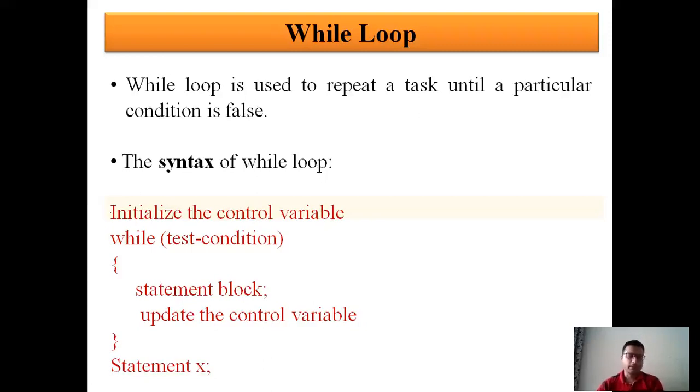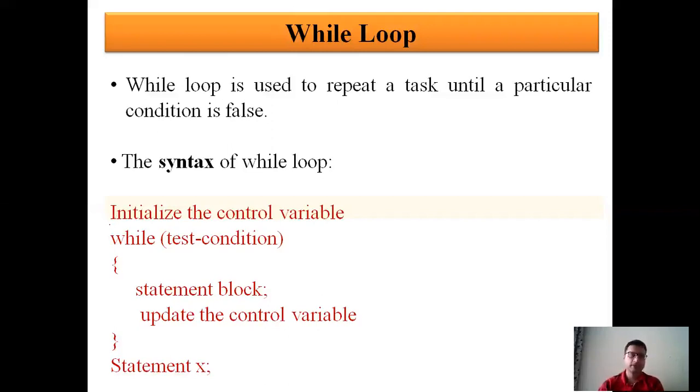Then we have an updation part where we change the current value of the control variable or counter variable. Then we have a set of statements that are written inside the statement block. So there may be n number of statements.